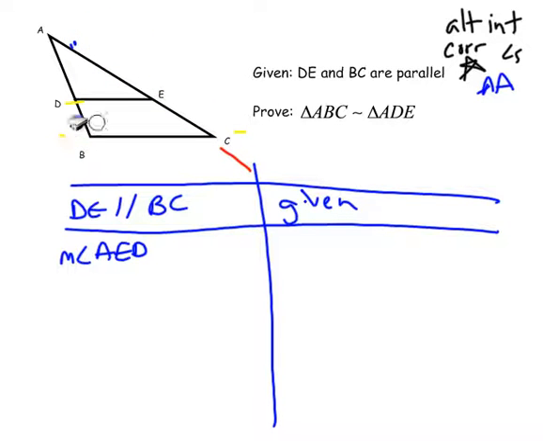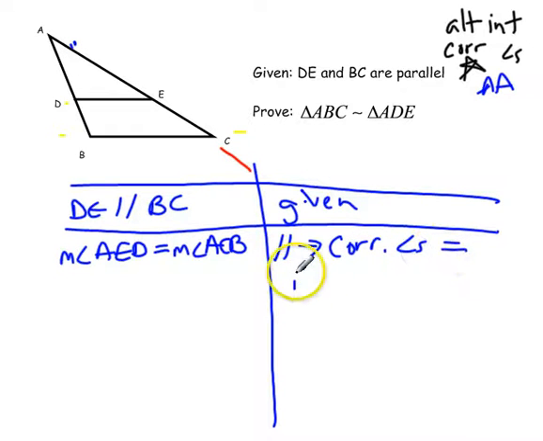Okay, there we can see a little bit better. Angle AED is equal to the measure of angle ACB because parallel lines implies that corresponding angles are equal in measure.